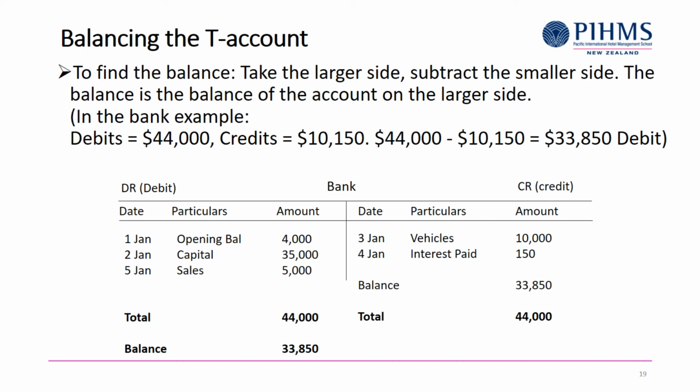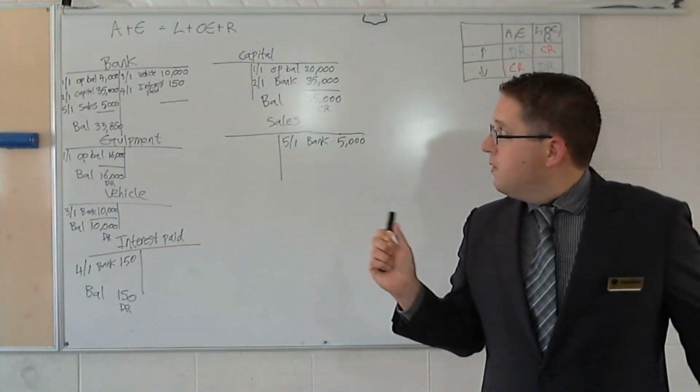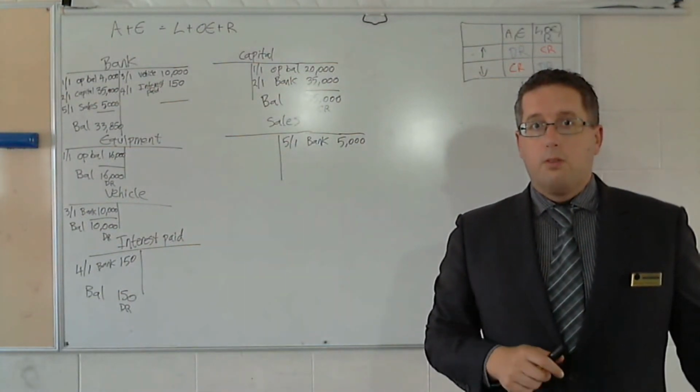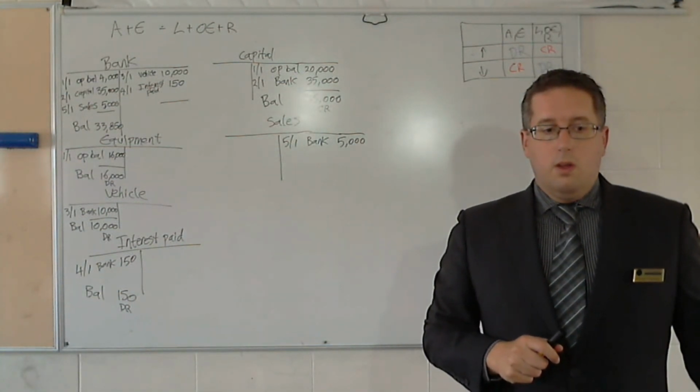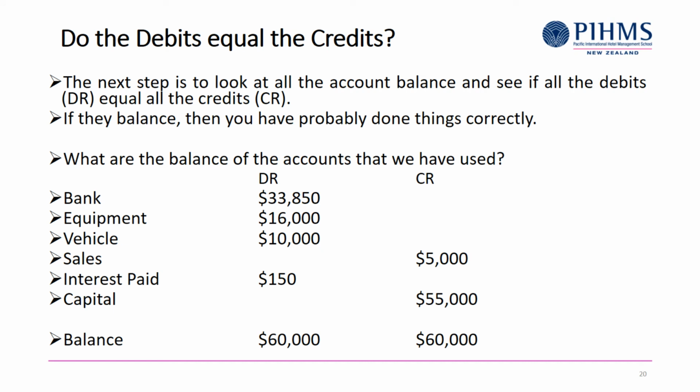So that's the amount of cash that we had in the bank, and so that's $33,850 debit. Okay, so that there is the balance of all the accounts. Okay, I'll just flick back to the bank one. This is going to be the hardest one that you come across, but this is how to calculate a bank balance. Now, last step is do the debits equal the credits.